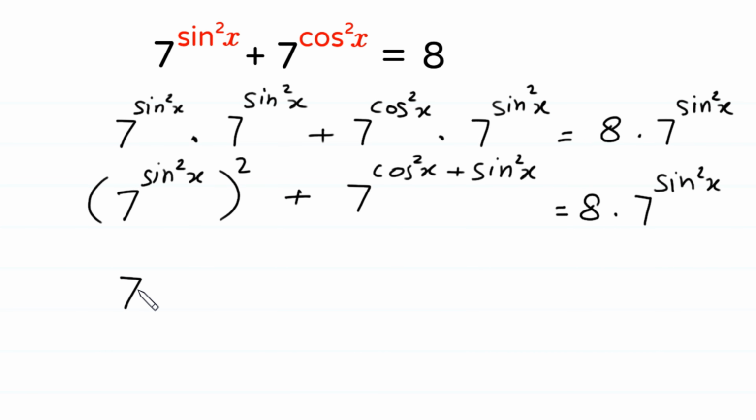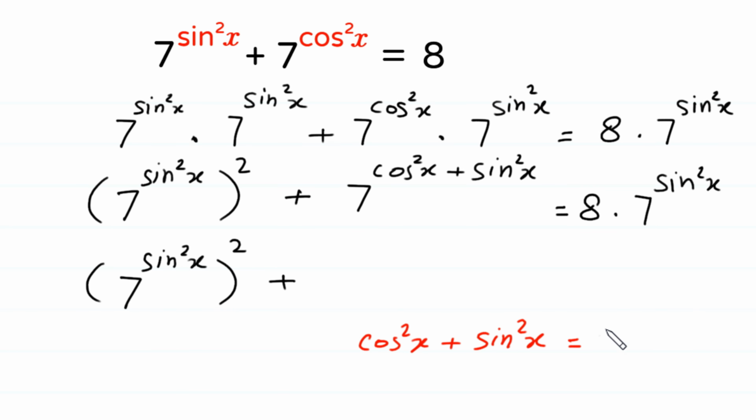Next, there is a trigonometric identity that cos square x plus sine square x is equal to 1. According to this identity, this will become 7 to the power 1 is equal to 8 times 7 to the power sine square x.